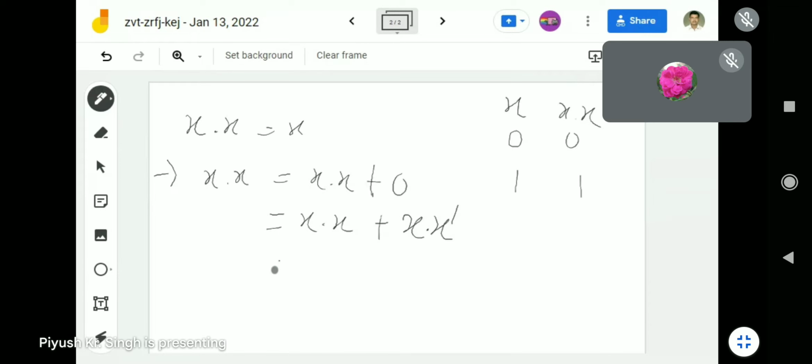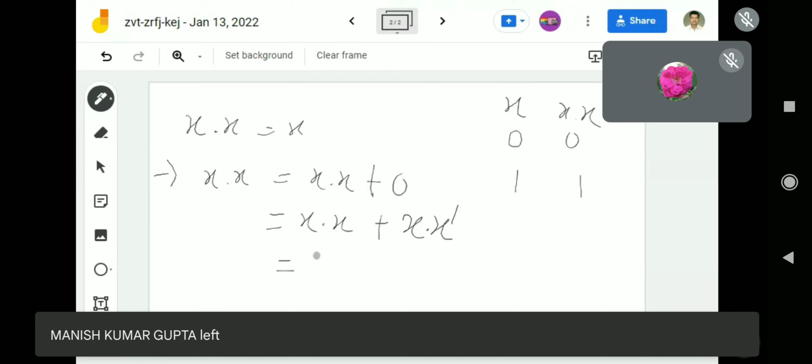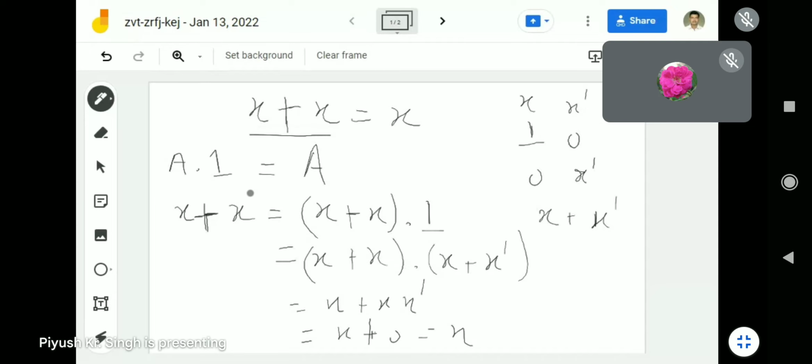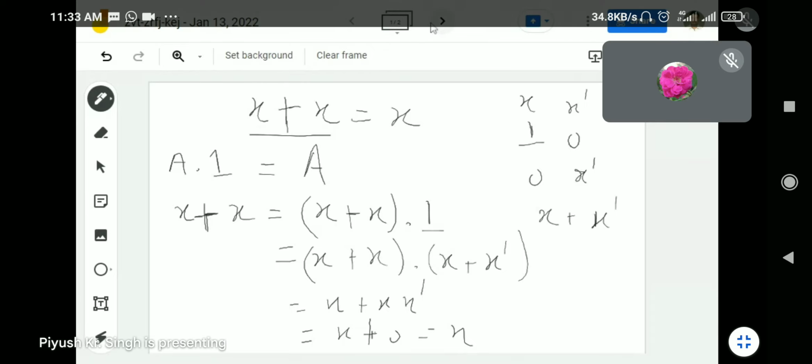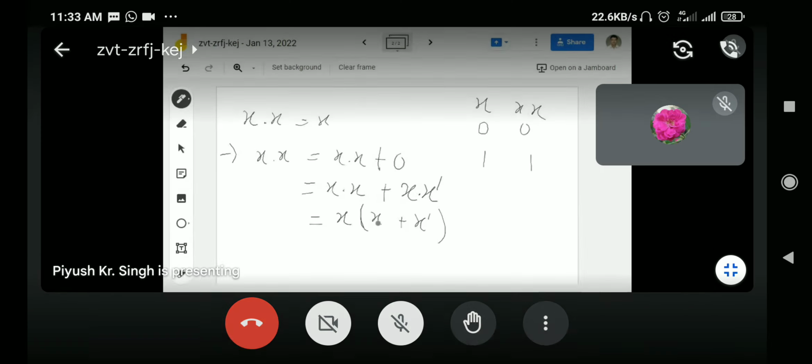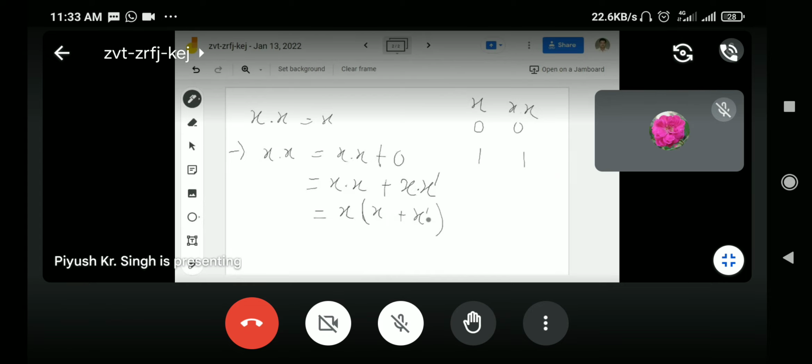After that, we can take this x as common, and this will be x into x plus x bar. Since if there is an x, its complement will also exist.